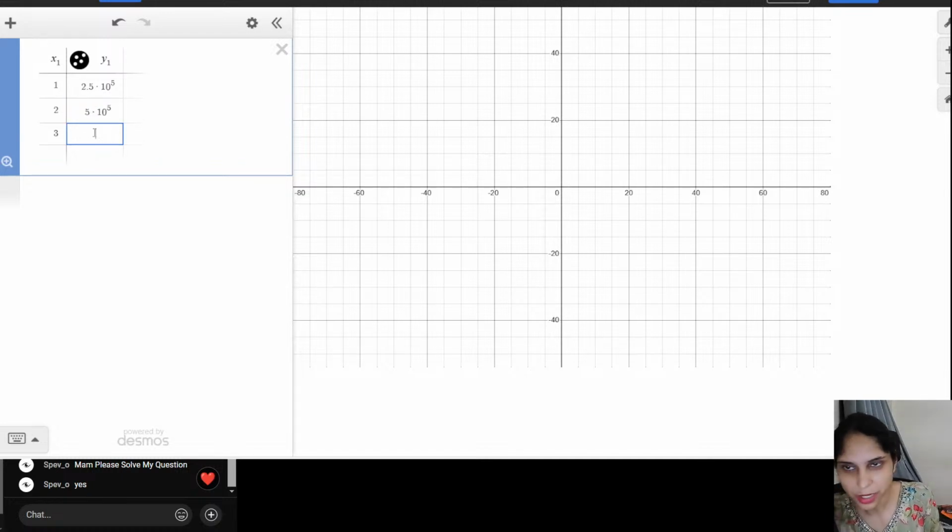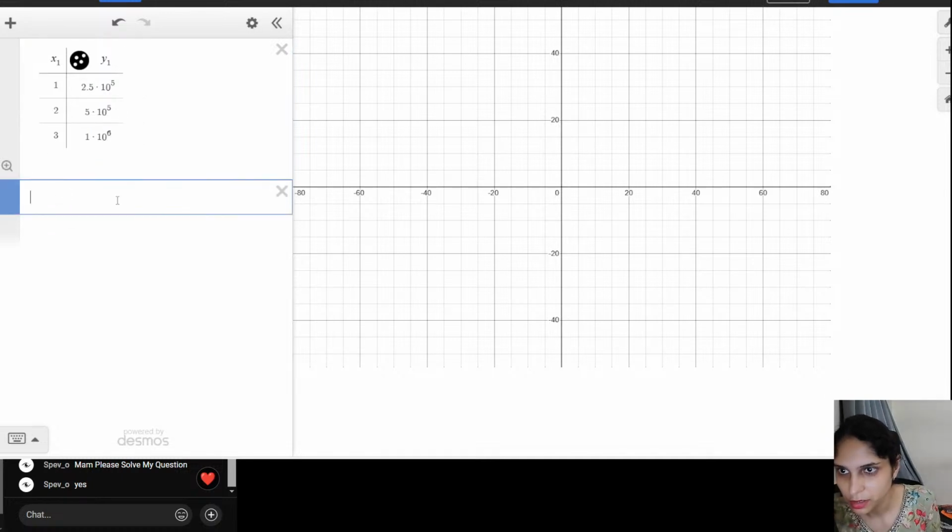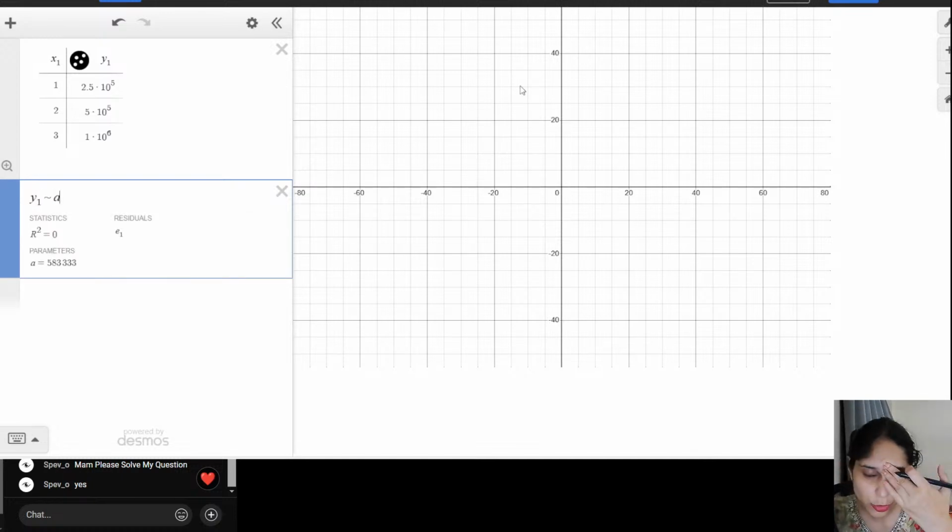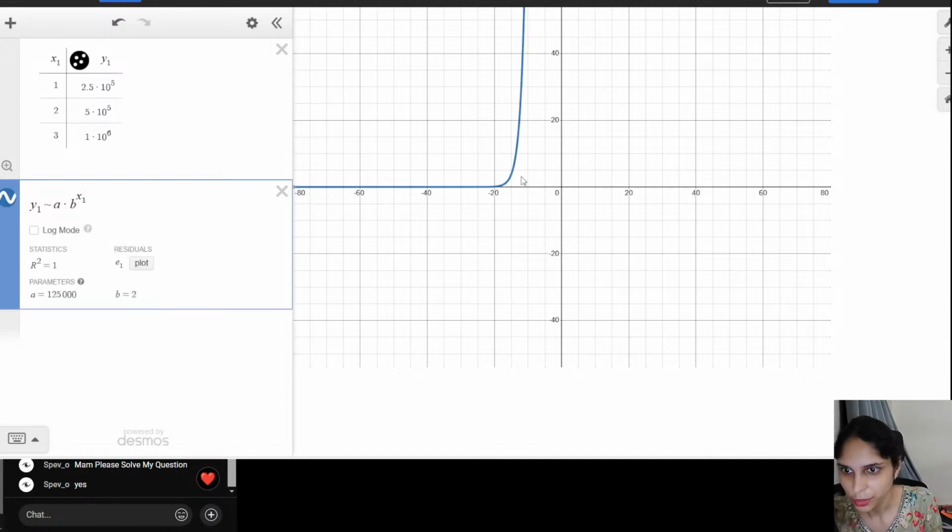I can directly see you multiplying with 2. All right, you have your table, and then you will write the general exponential equation. For modeling, we use y1 and x1. So y1 tilde a times b to the power x1. You have got the values of a and b.